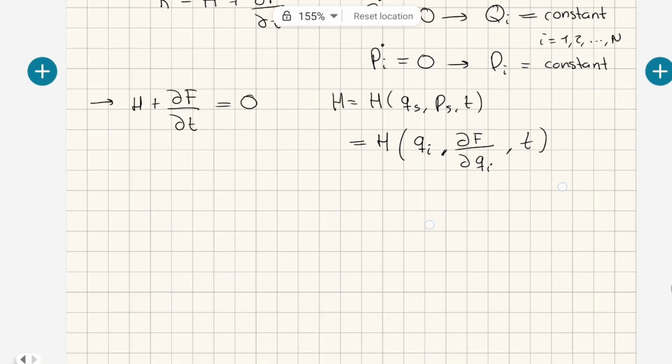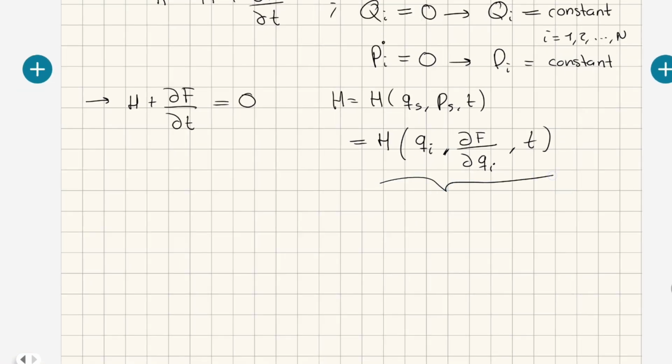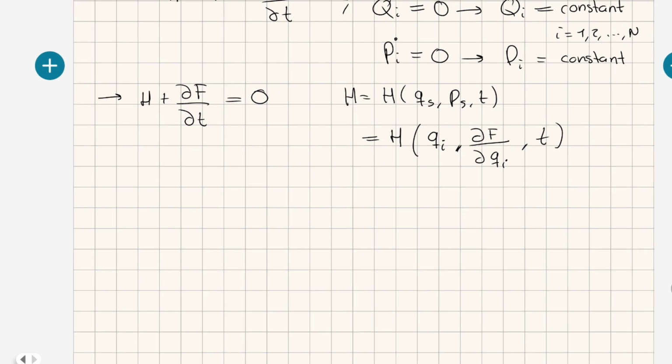So if we take this expression into this equation and we name this generating function with the letter S, we said that f is equal to S. And why is that? By now this is just a matter of notation. We are going to use the letter S just to be at peace with the notation in the book.